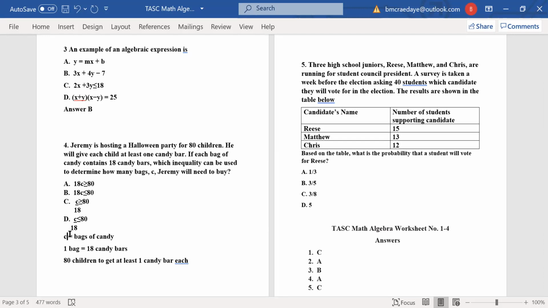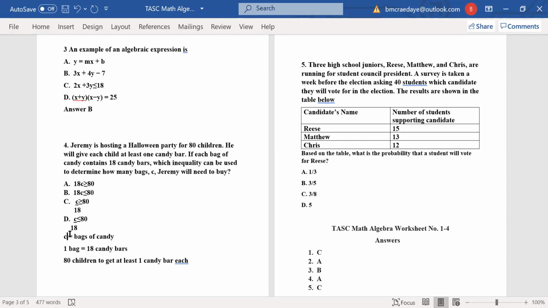If each child should get at least one, you know you need at least 80, right? So now ask yourself, how many bags of 18 do I need to get at least 80? Oh, I see. At least is the opposite direction.